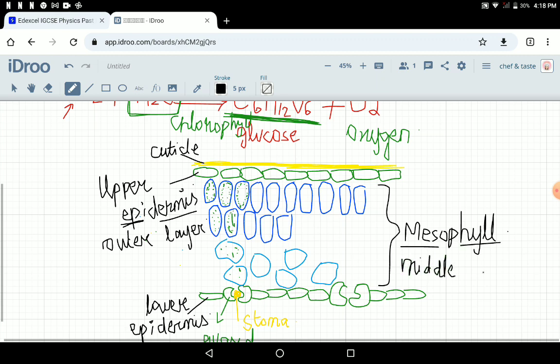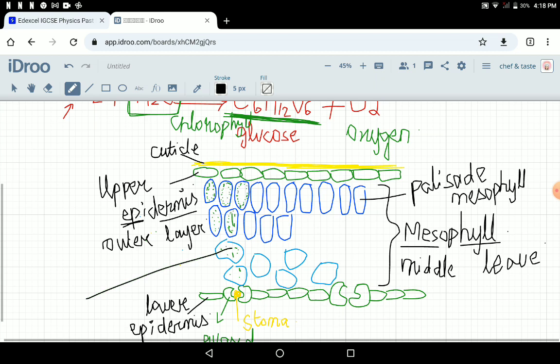Phyll is used for leaves. It is a middle layer of the leaf. Further, it is of two types: palisade mesophyll and spongy mesophyll. Palisade is the elongated one. It is palisade mesophyll. And this irregularly shaped one is spongy mesophyll.